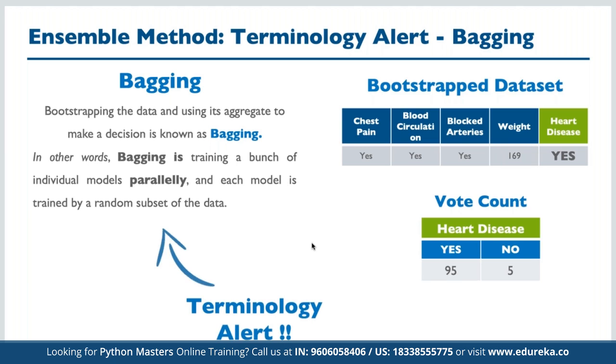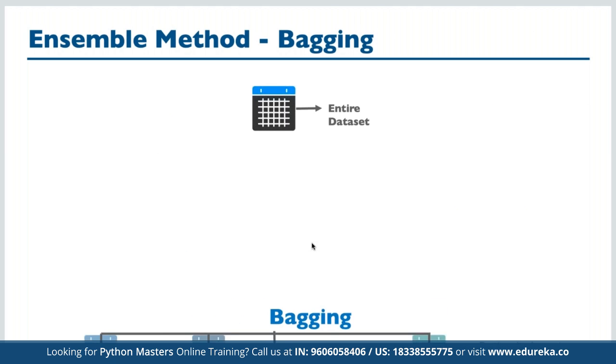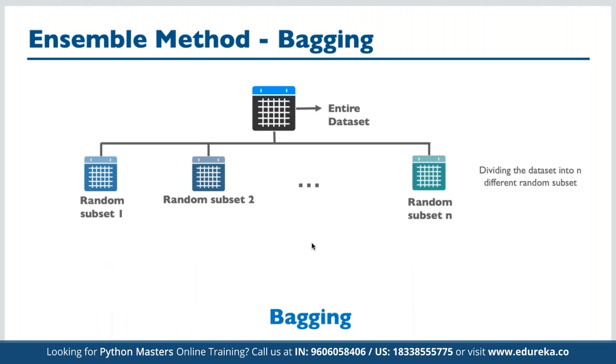So let's see this in detail now. What happens? You take your entire data set and create n subsets of your data. Now, the interesting thing is the size of the data remains the same. So all your subsets are equal in terms of number of rows, which means you are taking subsets by random selection with replacement. And I'll explain that in the next figure.